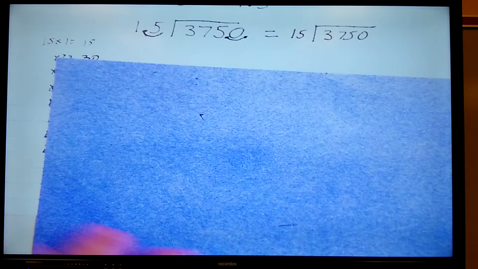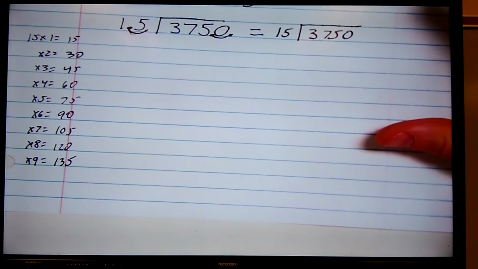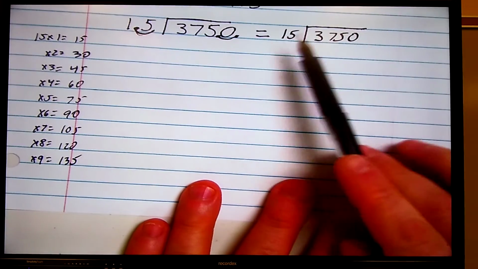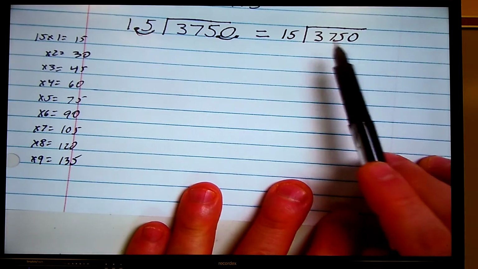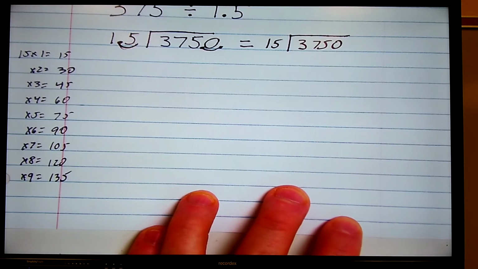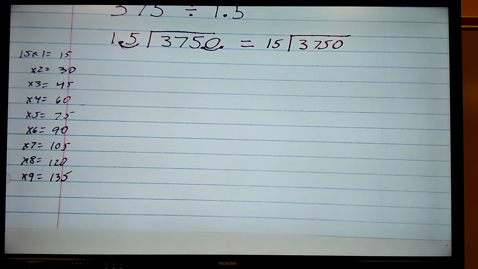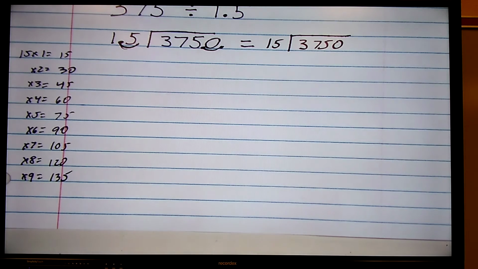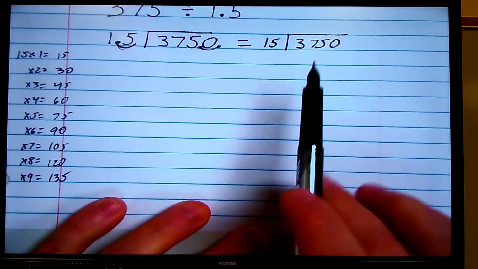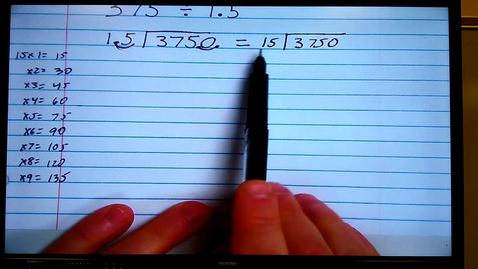Now I have all the information I need to solve my beautiful division problem. Solve 3,750 divided by 15. Do that right now and pause the video. All right, let's see how you did.